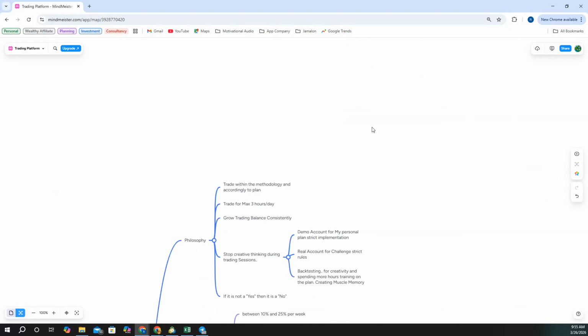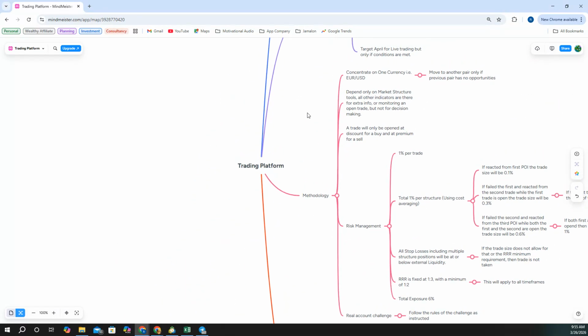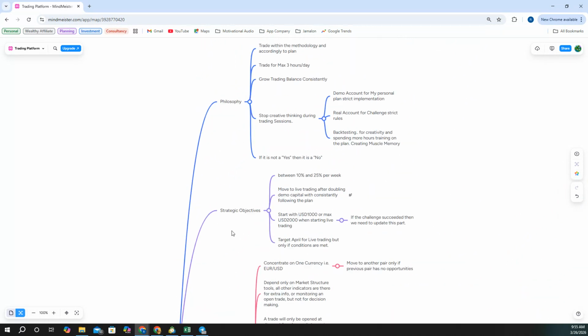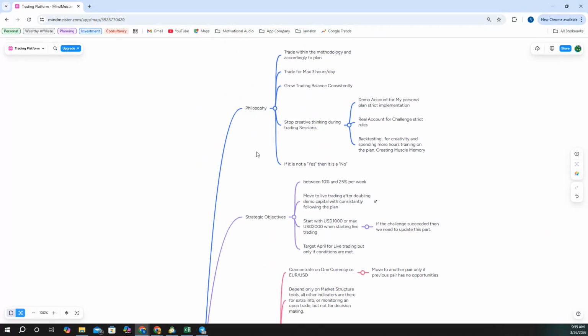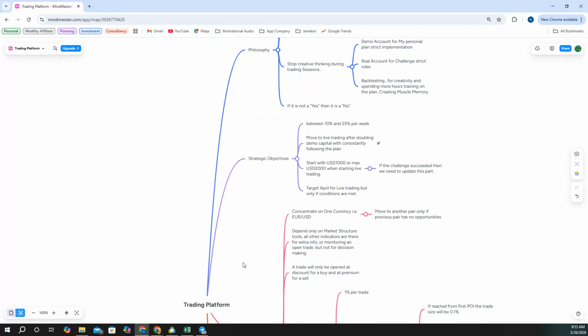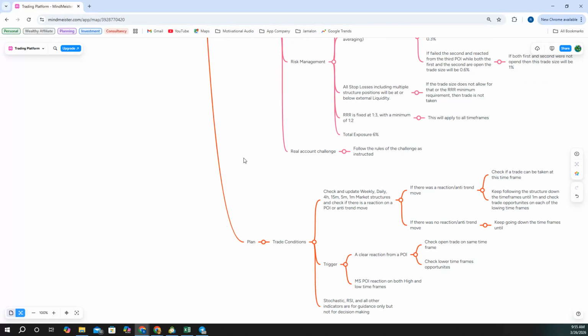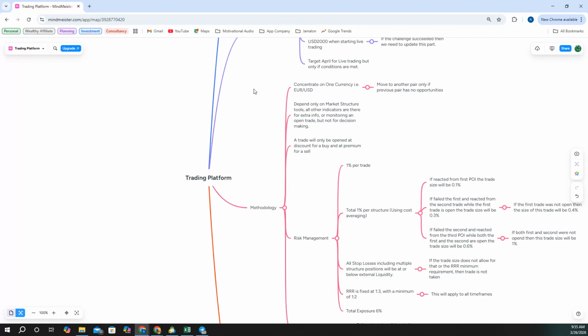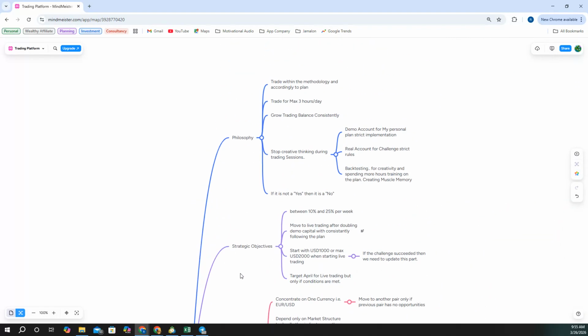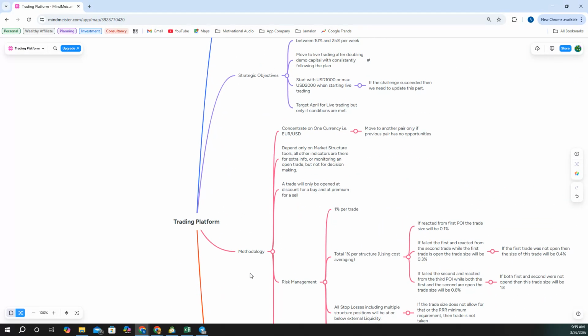This is the trading platform, and it consists of four elements: the trading philosophy, the strategic objectives, the methodology, which is the strategy, and the plan. We already talked about the philosophy and the strategic objectives. In this session, the plan is to talk about the methodology.